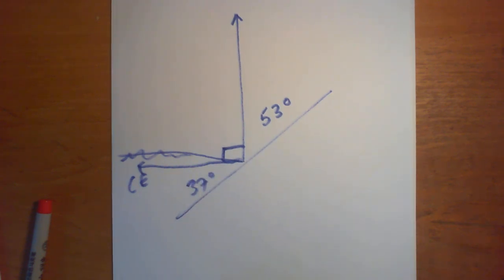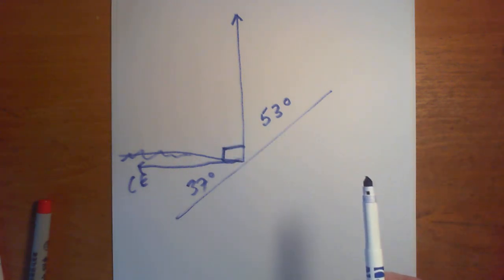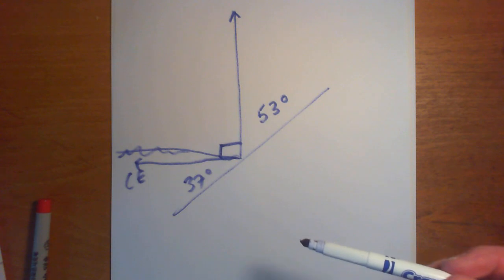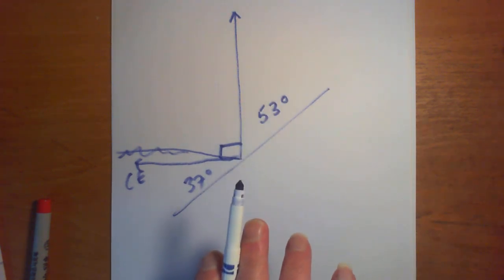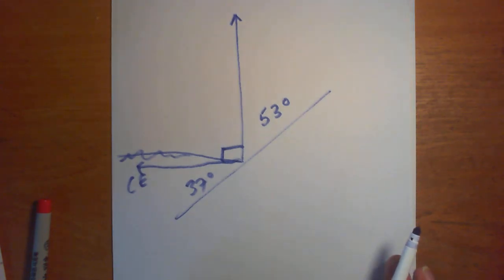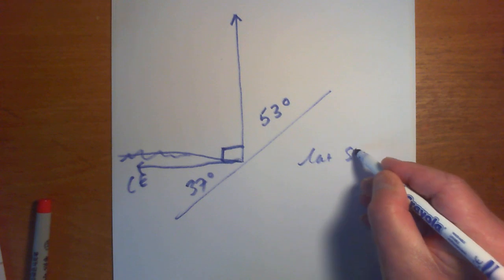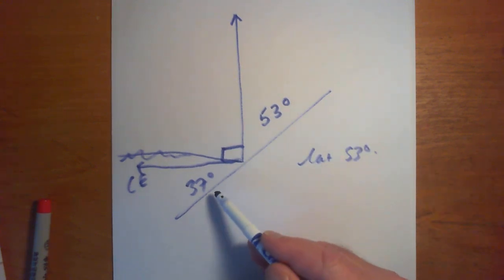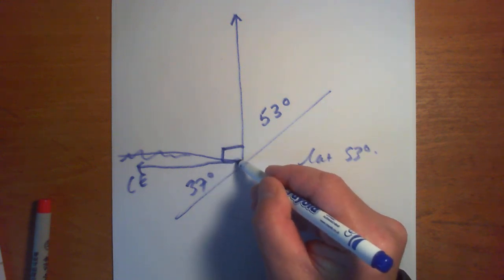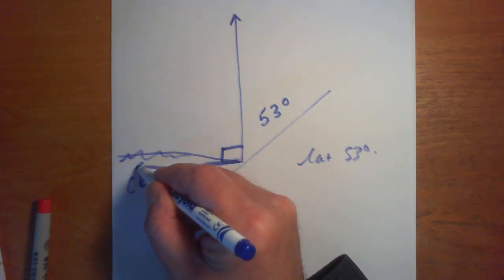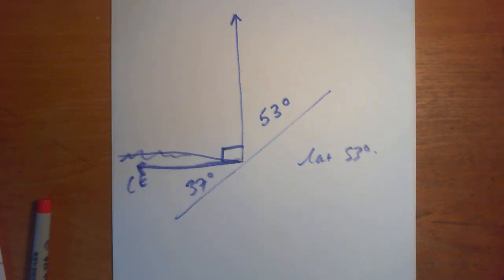Okay, so just as at the North Pole, you'll still have a right angle between the direction to the North Pole and the direction to the celestial equator. But if you accept that the altitude of the North Star is 53, because this is latitude 53, then simple basic geometry will show you that it must be 37 to the celestial equator.